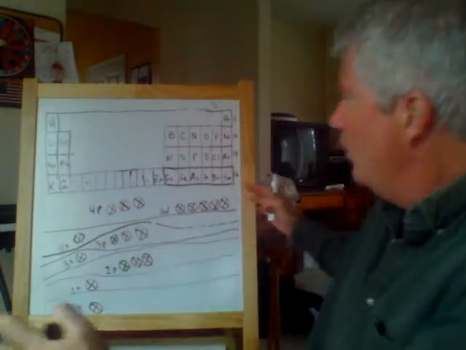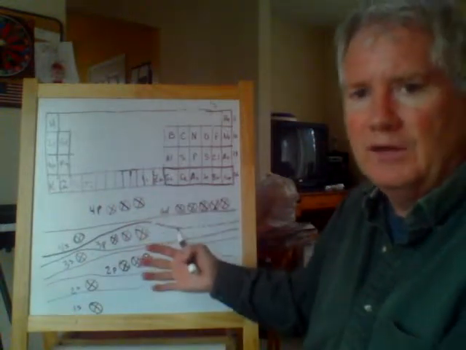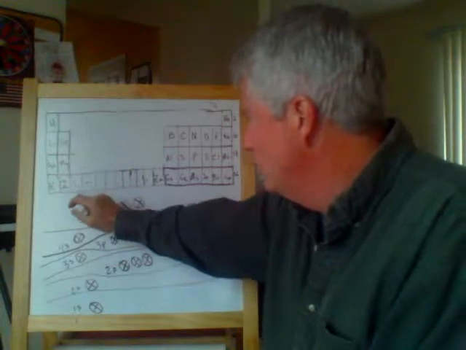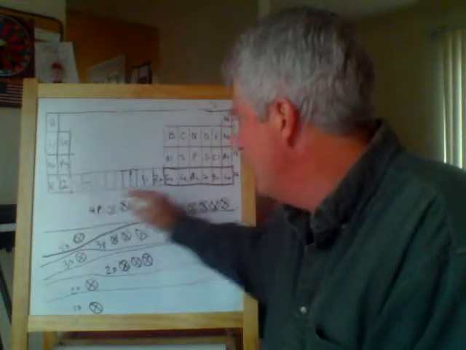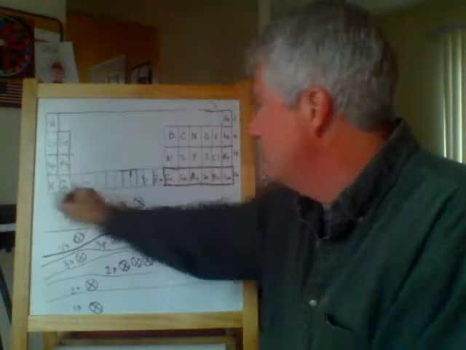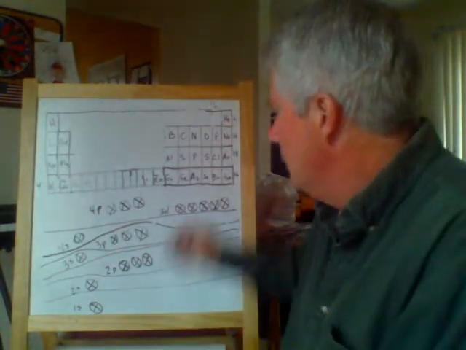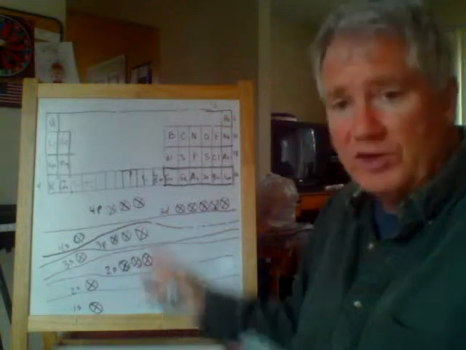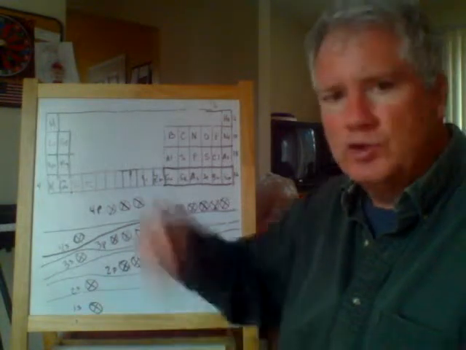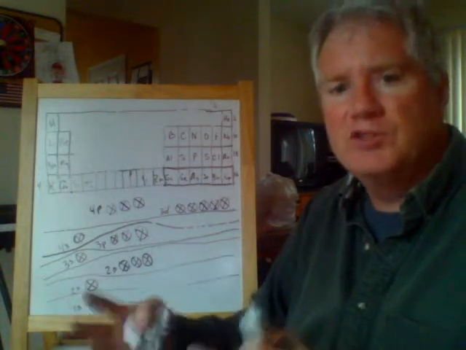And so now this shape starts to make some sense, especially since you can rationalize the fact that these 10 don't show up until the 4th row. Similarly, the 14 of the f's don't show up until row 6 for a very similar reason.